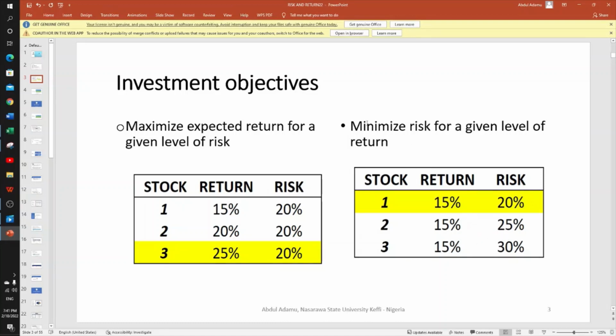So if it's to minimize risk, then we'll select the investment with the lowest risk, which is stock 1. So that is a reminder of what the investment objective of most investors is in finance.